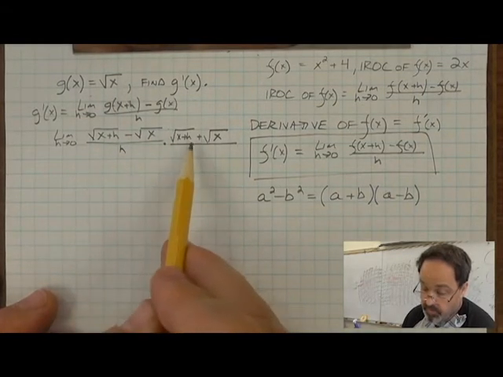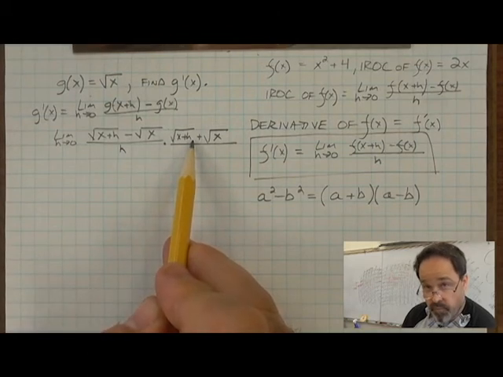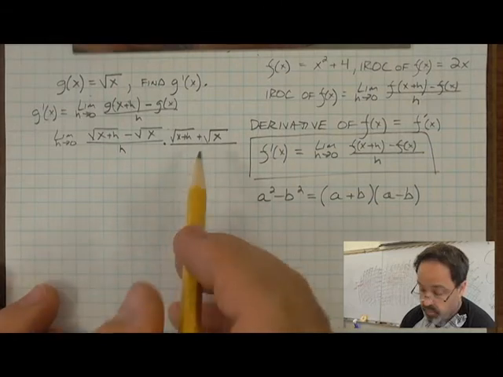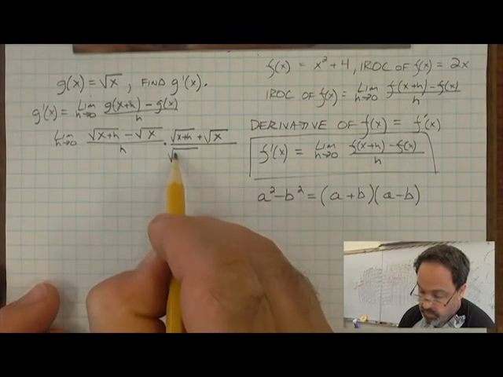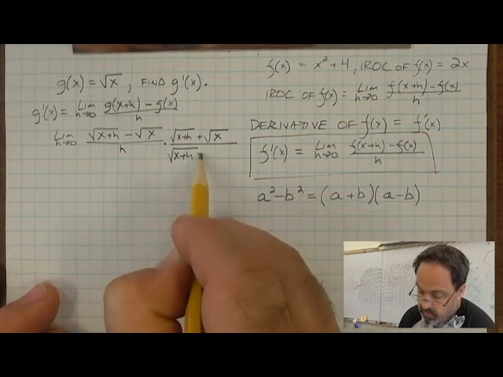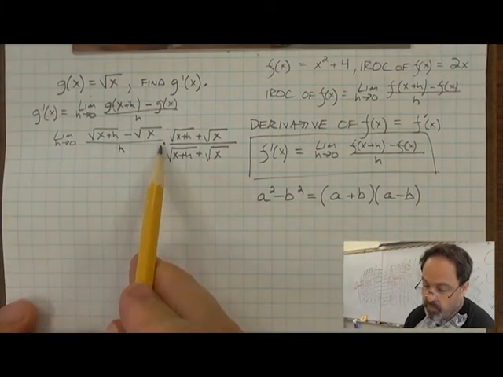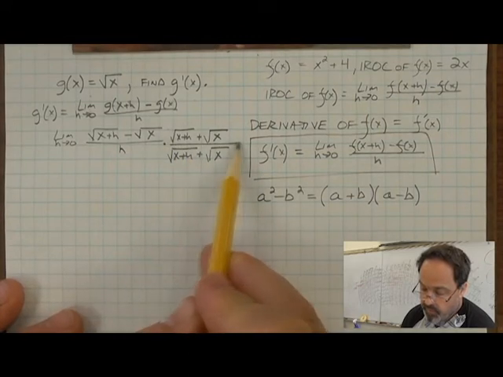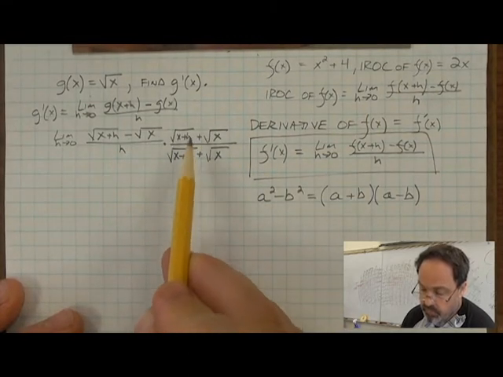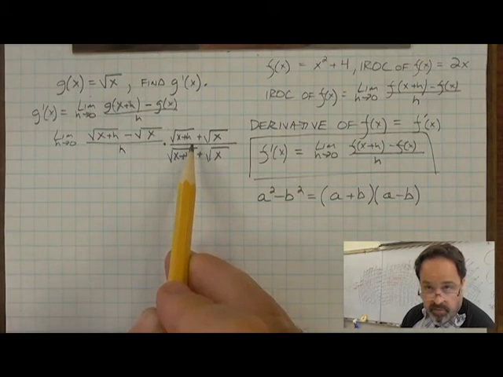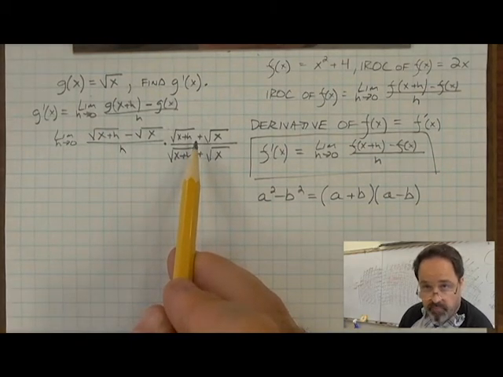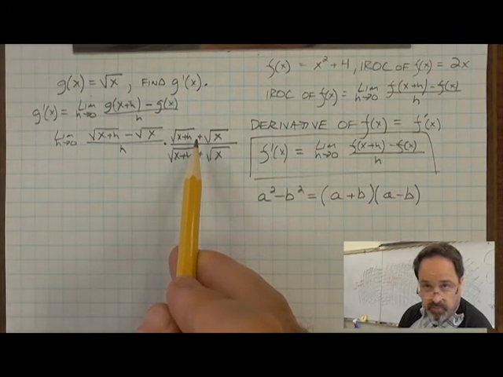But I can multiply by something like that if it's a version of 1, as something over itself. So I include radical x plus h plus radical x in a fraction with the same numerator and denominator, and I'm multiplying by a version of 1, which doesn't change the value of the expression.